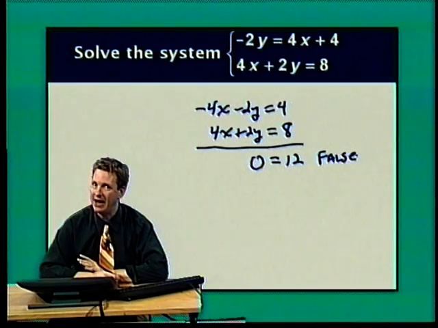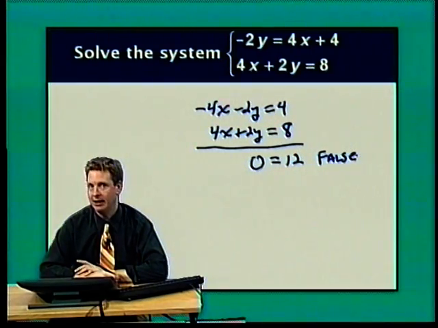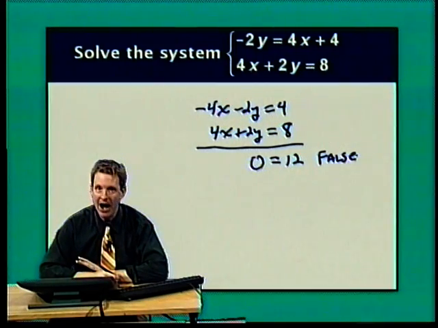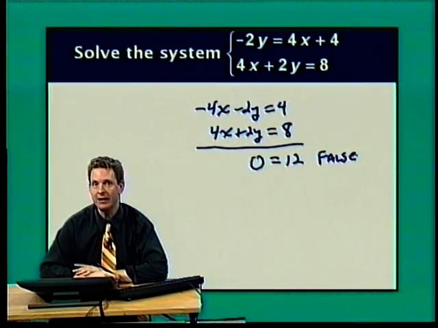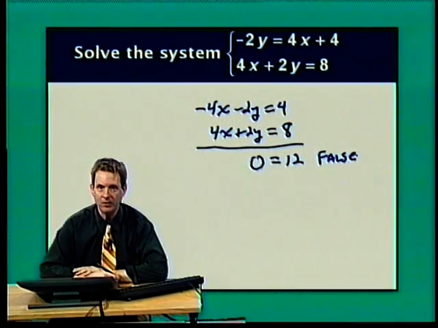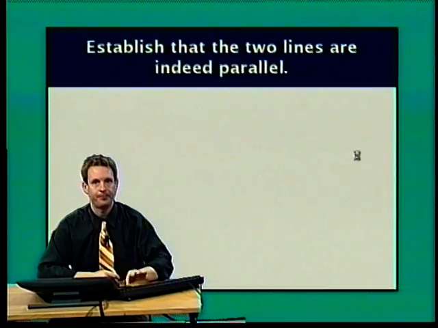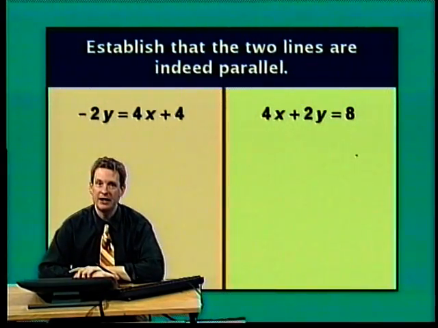But I still need to check this. And the way I'm going to check is I'm going to establish that the two lines actually are parallel lines. Parallel lines never intersect. How do I establish this? I do it by writing each of the two equations in slope-intercept form. So let's do that. I'm going to start with the equation on the right, 4x plus 2y equals 8.